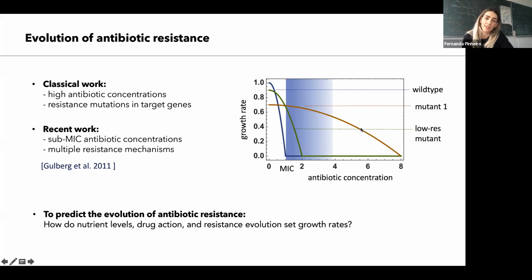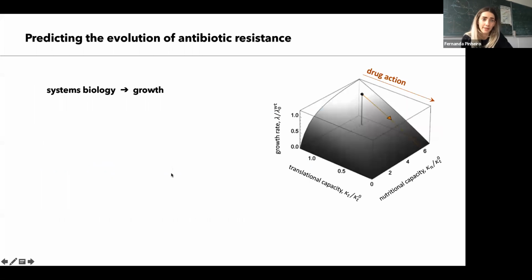To address this question, we did a systematic study of this regime of intermediate drug concentrations. Then we used the results of our experiments to build on an existing metabolic model of antibiotic susceptibility, which in this picture of growth rates as a function of phenotypes corresponds to this orange line.